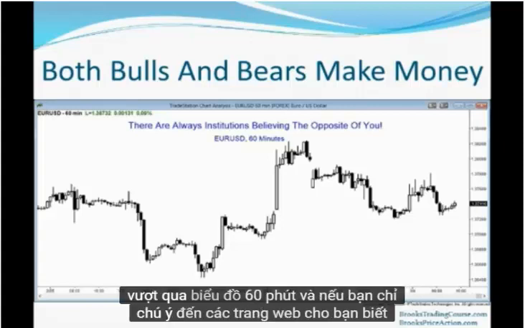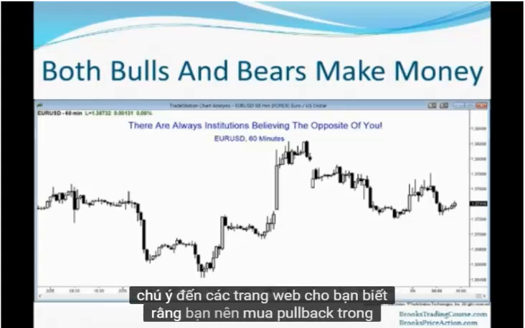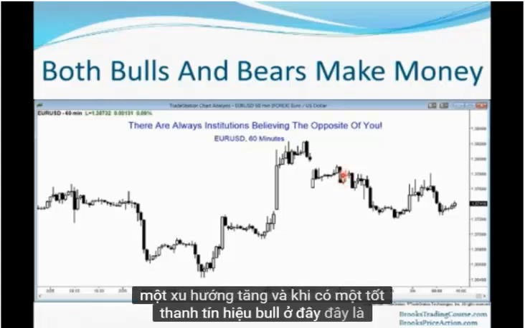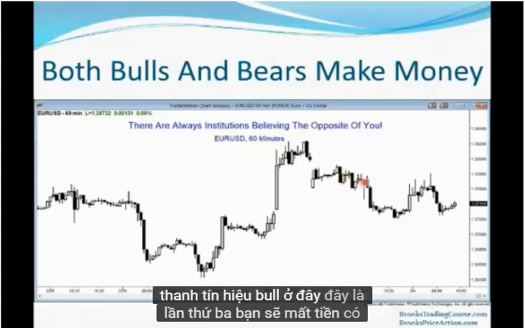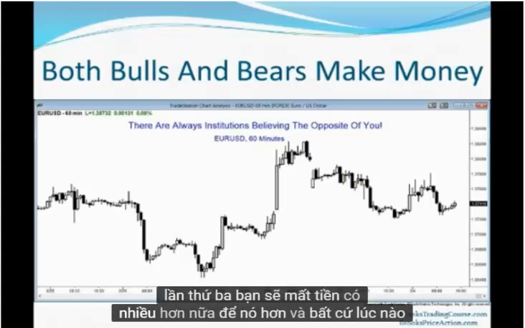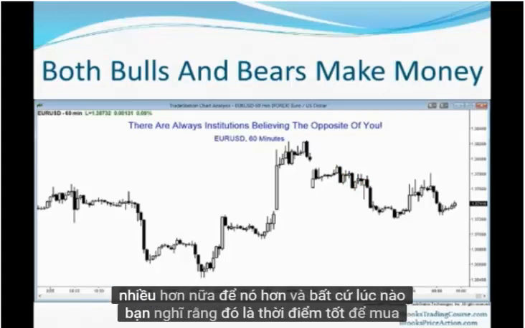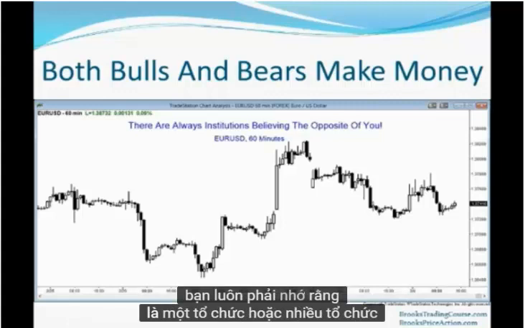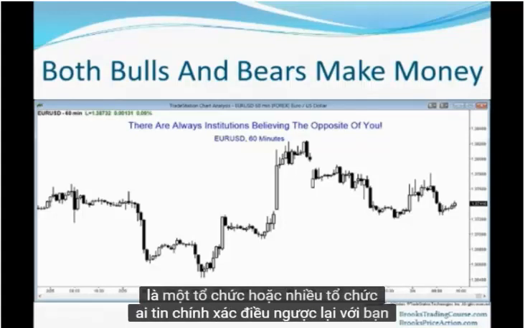If you just pay attention to websites that tell you that you should be buying a pullback in a bull trend when there's a good bull signal bar here, or here's a third time, you will lose money. There's much more to it than that, and anytime you think that it's a good time to buy, you always have to remember that there is an institution or many institutions who believe the exact opposite of you.